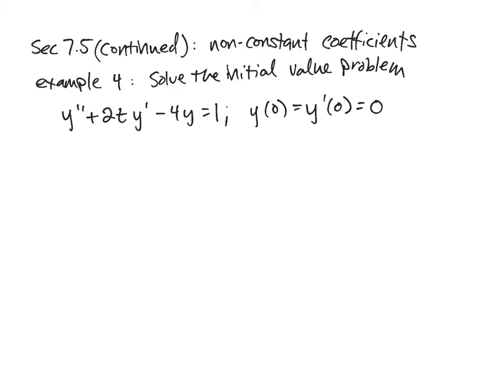What I mean by non-constant coefficients is that we've got this 2t stuck in here. That means that everything we learned in chapter 4 doesn't work out for us.